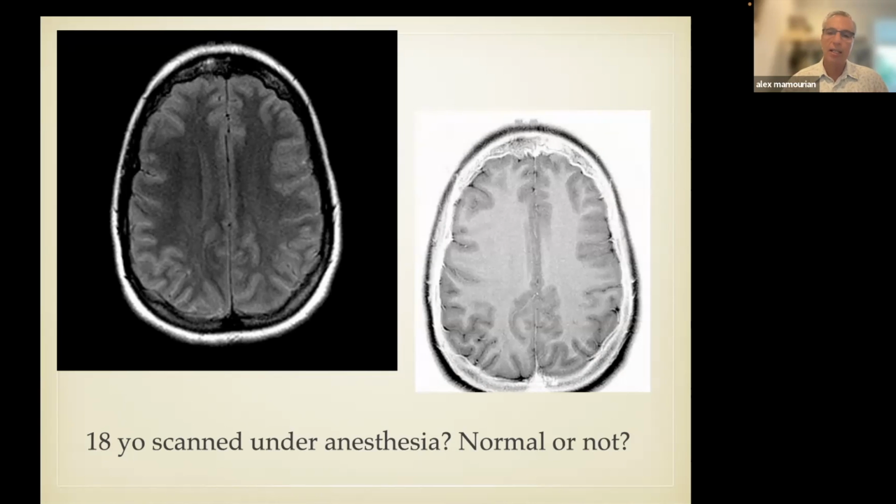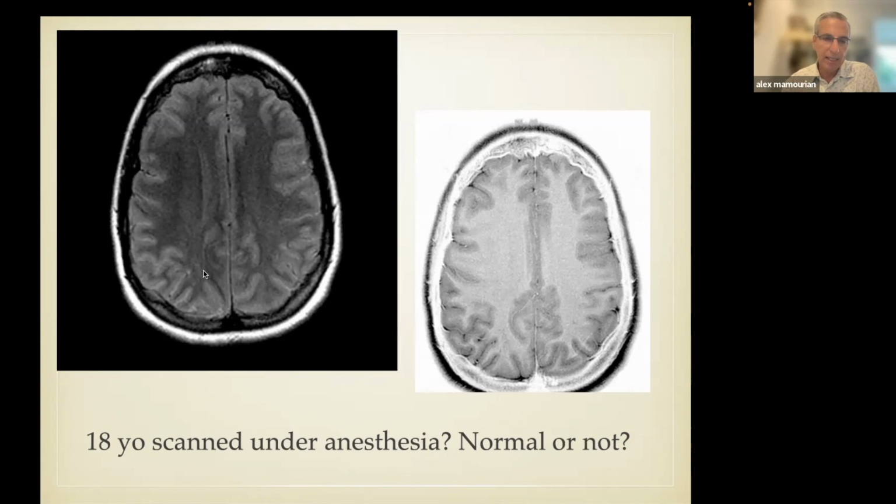This is due to anesthesia. Now, I want to use this case to illustrate something for increasing your sensitivity to FLAIR abnormalities, particularly in young patients who normally have narrow sulci because of their generally large brain volume, before the atrophy sets in at sort of my age.